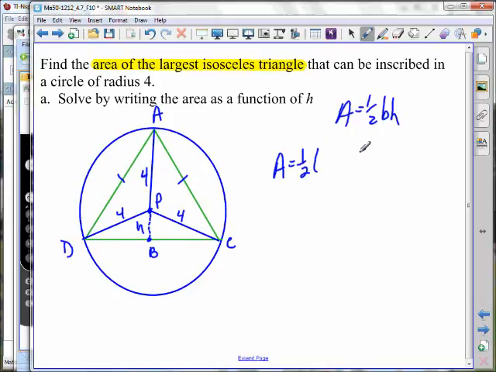So we'll leave that there just to kind of go by this. This is 4 plus H. So we'll put H here in parentheses so we don't mistake it to be the H that we have here. Okay. What about the base?